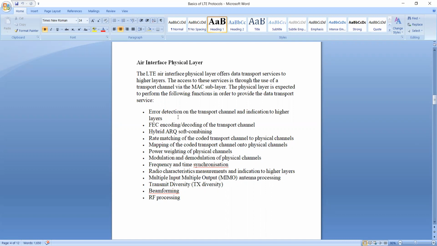It is responsible for coding and encoding of transport channels, FEC (forward error correction), hybrid ARQ soft combining, and then modulation and demodulation.